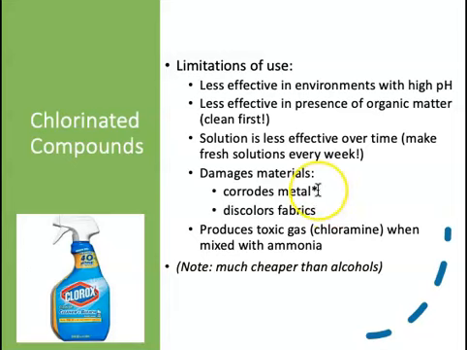The other thing that bleach will do, though, is corrode. Bleach will eat away at metal surfaces over time. So if you're in a facility or a professional environment or a laboratory where you do have metal surfaces that are being routinely disinfected with bleach, they're going to pit. They're going to corrode and break down over time.